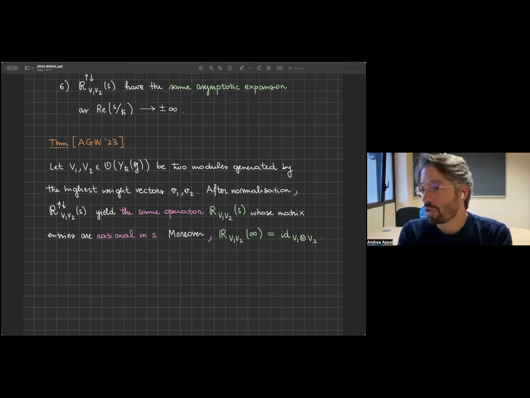So first of all, there is the irreducibility condition, which in a certain sense we don't need. The second condition is finite dimensionality.